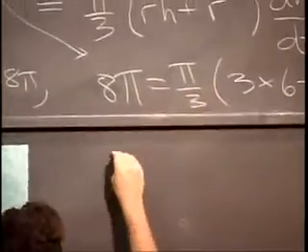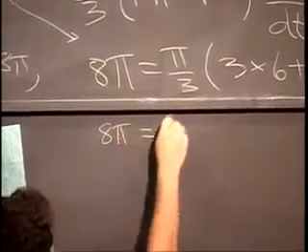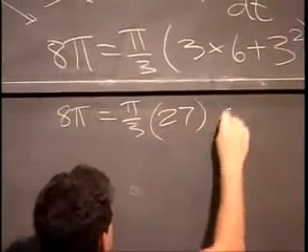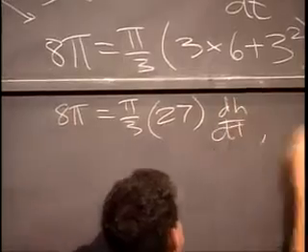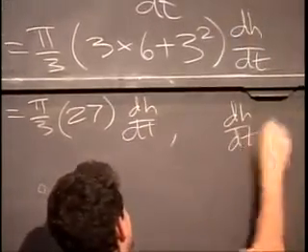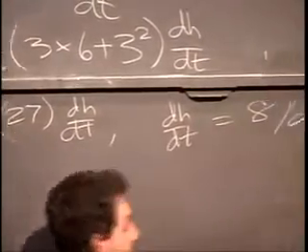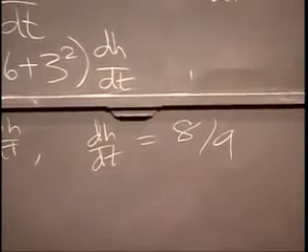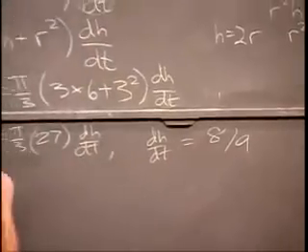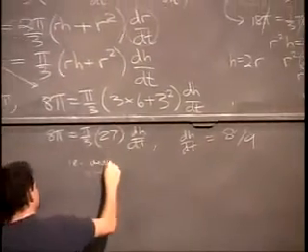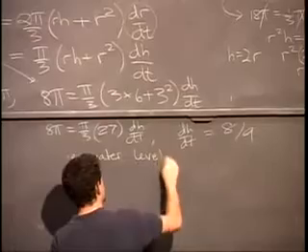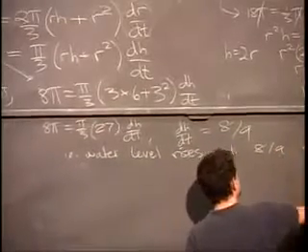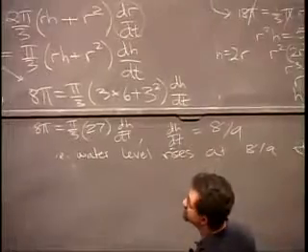So this means 8 pi is equal to pi over 3 times 18 plus 9, which is 27. And finally, dh dt is 8/9. And that is the first part of the question done the hard way. So the water level rises at 8/9 feet per, what was it, second or minute? Second.